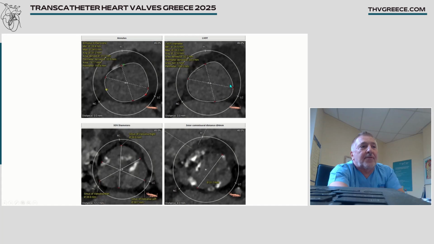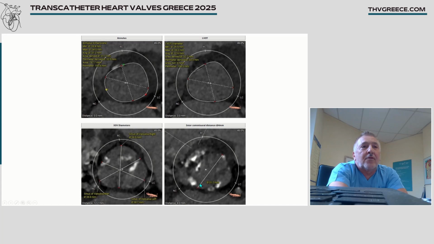As you can see from the measurements from the CT, he had large sinuses of Valsalva. At the level of the annulus, the perimeter derived was 32 millimeters. At the LVOT it was 33.3, a little bit larger.